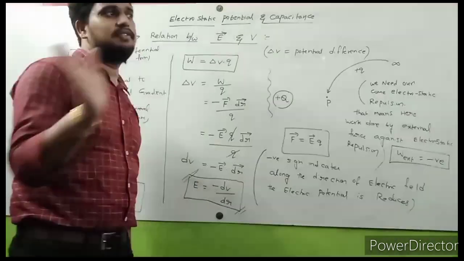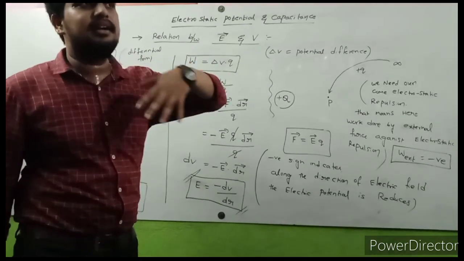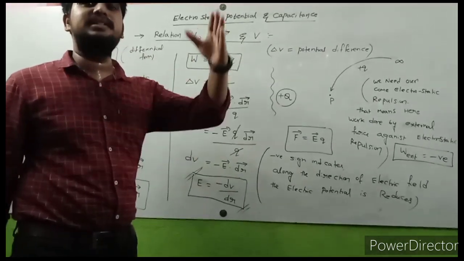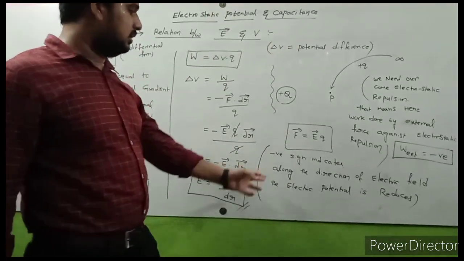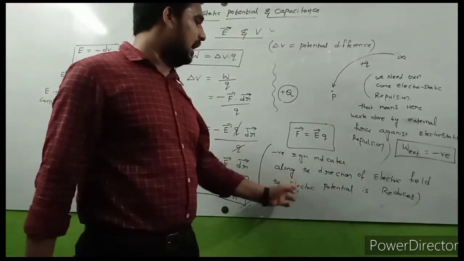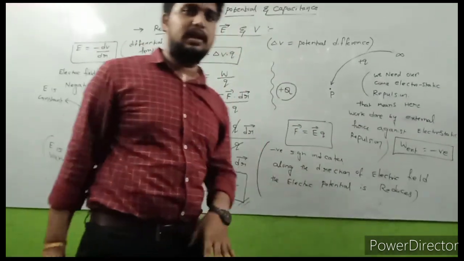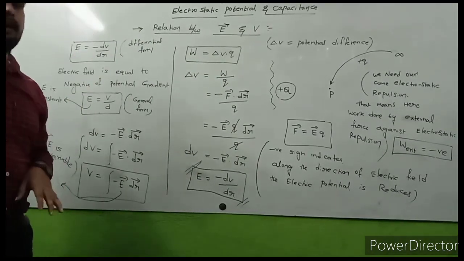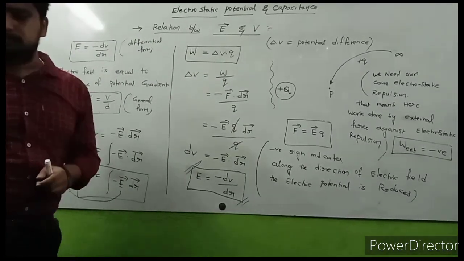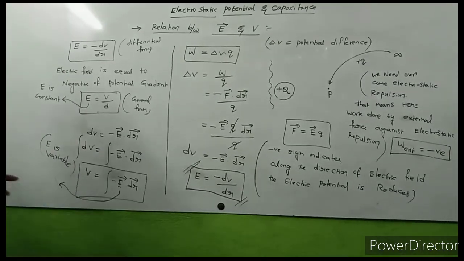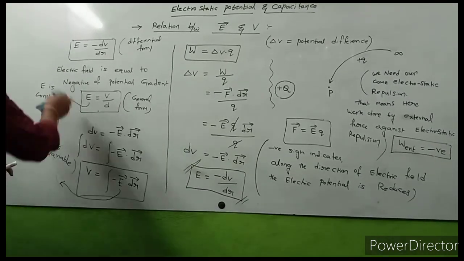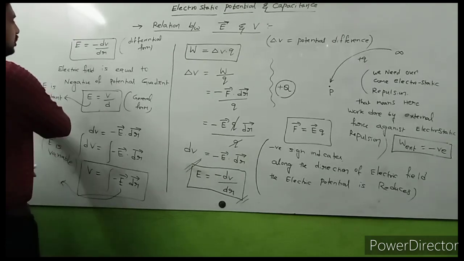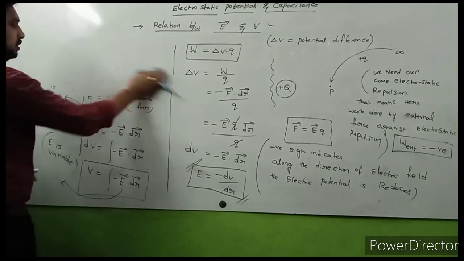Consider any direction of the electric field; in that direction, potential decreases. Along the direction of electric field, the electric potential reduces. So this is about the relation between E bar and V. Now I am going to finish this topic with two formulas. So please observe carefully.